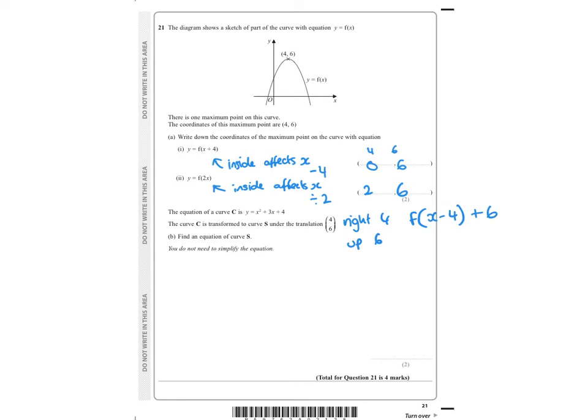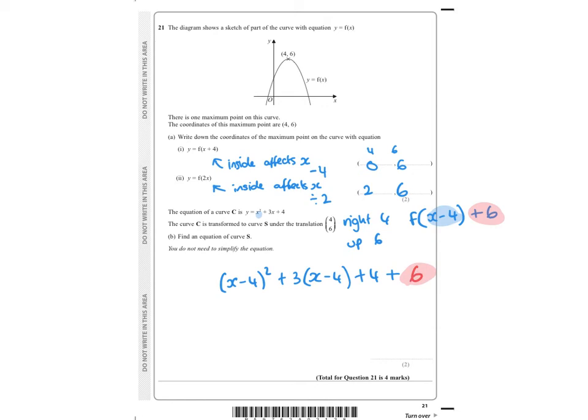Every time it says x, we replace it with x minus 4. So we get x minus 4 squared plus 3 lots of x minus 4 plus 4, plus, and we have to make sure we add this 6 on the end, because don't forget we translated it up by 6.